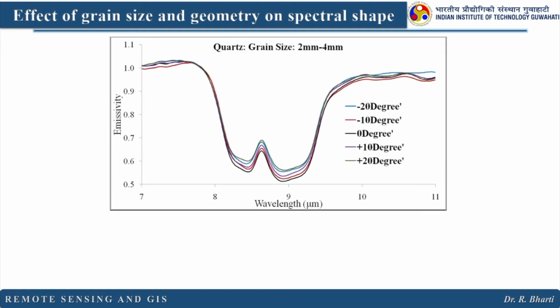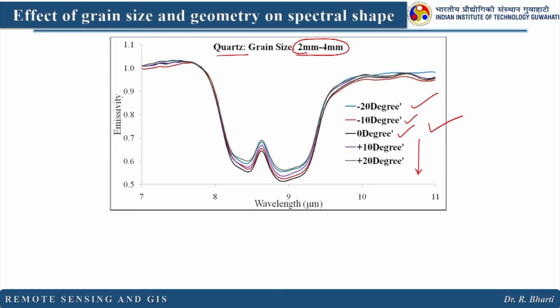Now if you want to see the effects of grain size and geometry on a spectral shape, just see this spectral response where we have used quartz and the grain size was 2 mm to 4 mm, and here we have 0, 10 degree, 20 degree in both directions, right.